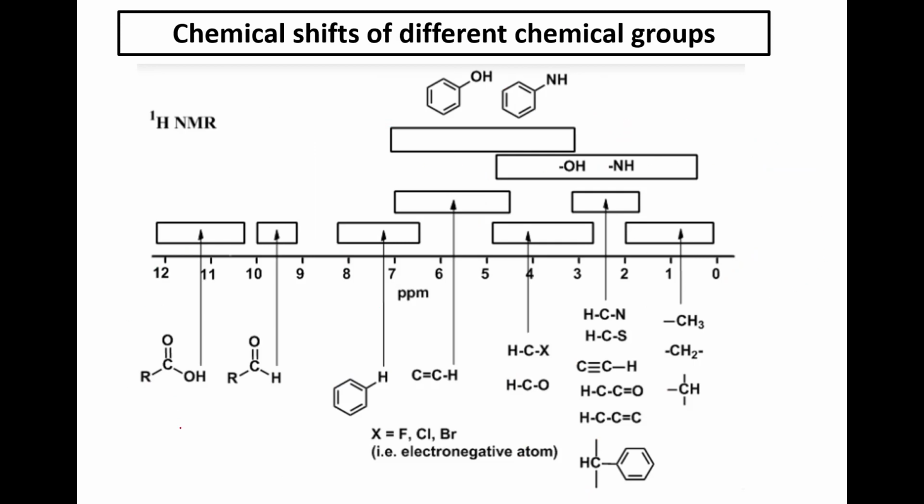Okay, so this aldehyde and this carboxylic acid are the most deshielded, because due to resonance the electron cloud has been completely shifted from this proton to these oxygens. So carboxylic acids and aldehydes are the most deshielded among the other functional groups.